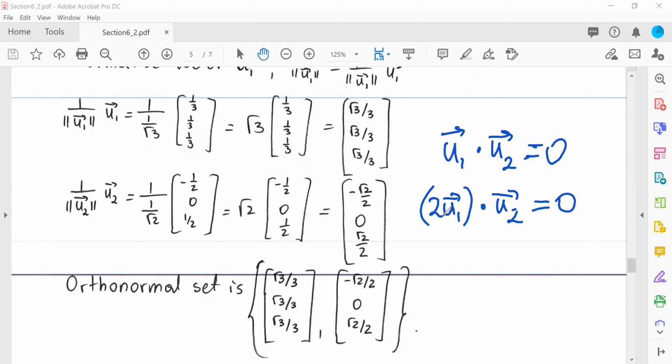By the properties of the dot product, this would be 2 times u1 dot u2. If those two vectors are orthogonal, it's 0, and a scalar multiple would be 0 as well. So if I rescale those two vectors, orthogonality is preserved. It stays the same.